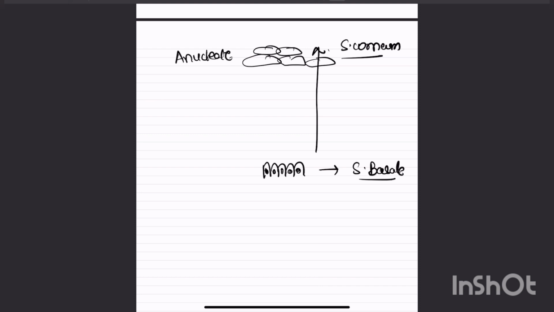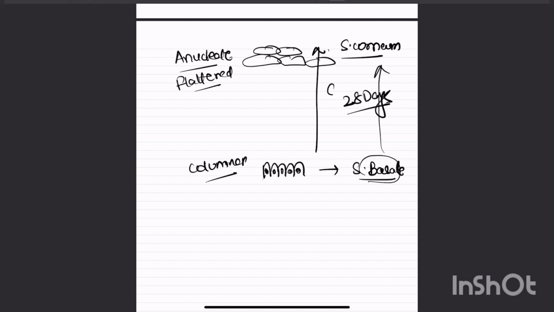Right? So we have columnar cells in the bottom and flattened cells at the top in stratum corneum. And this particular process of cells to mature from basal to corneum takes about 28 days. Very, very important MCQ question. And this is known as epidermal transit time. Right?